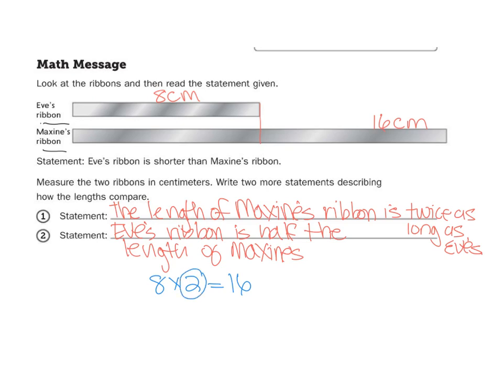This number is twice. Let's look at some more. To our multiplication from before and our math message, our answer is 8 times 2 equals 16. 8 is the length of Eve's ribbon, and if I have 2 of them, I'll equal 1 of Maxine's ribbon.